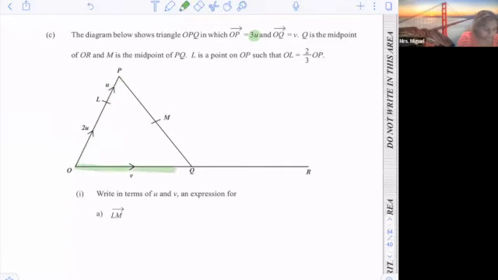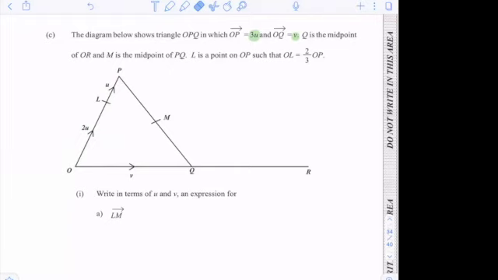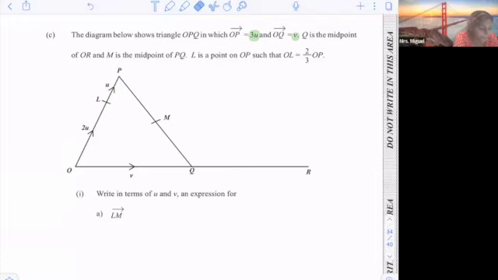Q is the midpoint of OR, and M is the midpoint of PQ. So we want to go from L to M.